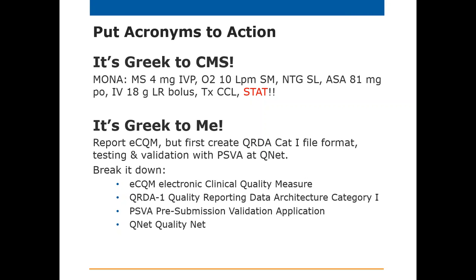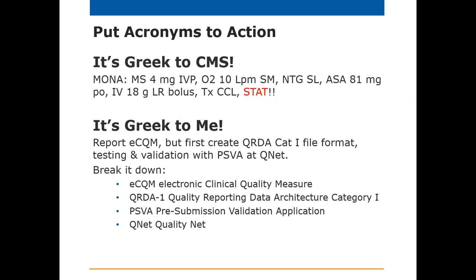I remember starting my nursing career that there were abbreviations and acronyms for everything. And it seemed like when I went into nursing, I truly entered a new world with a whole new language or lingo. As an example, I started working in the ED as a trauma nurse, and I will never forget all of the different jokes and songs that we would use to help remember protocols like MONA.